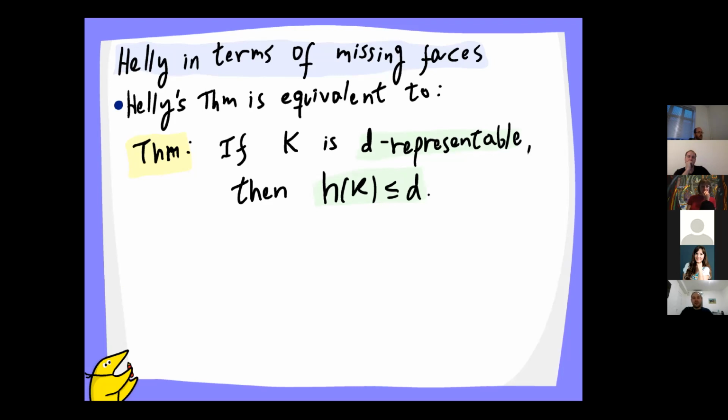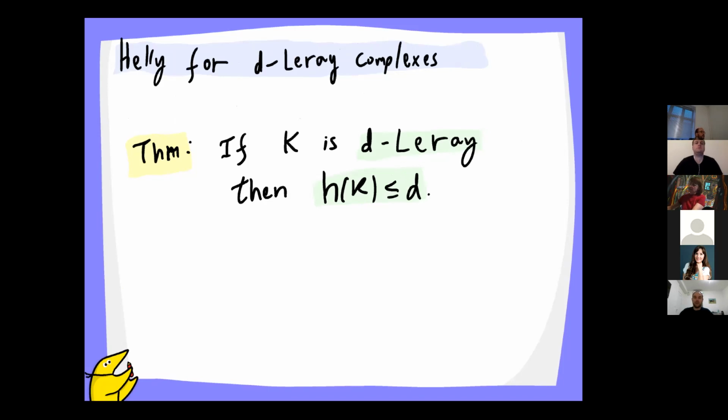And it turns out that we don't have to assume that K is d-representable. We can replace this condition by the weaker properties of being d-collapsible or even being d-Leray. So if K is d-Leray, then the same property holds. The missing faces must be of dimension at most d.